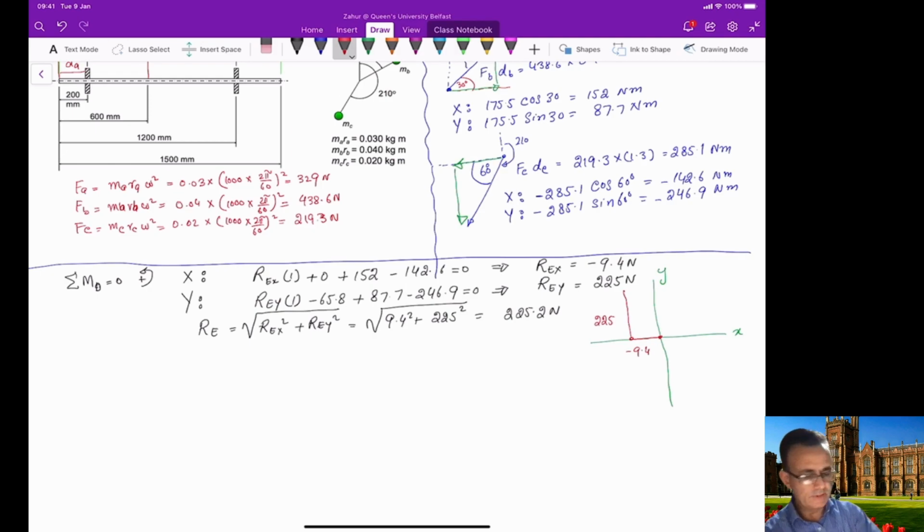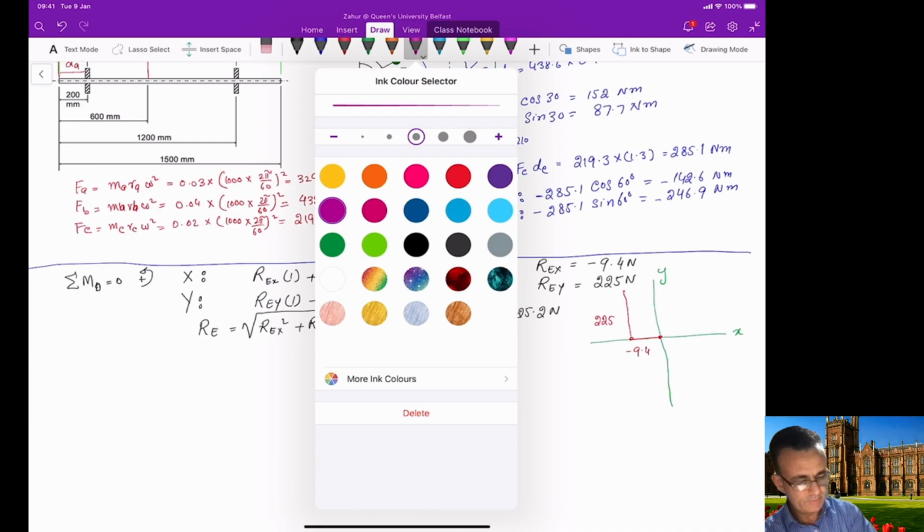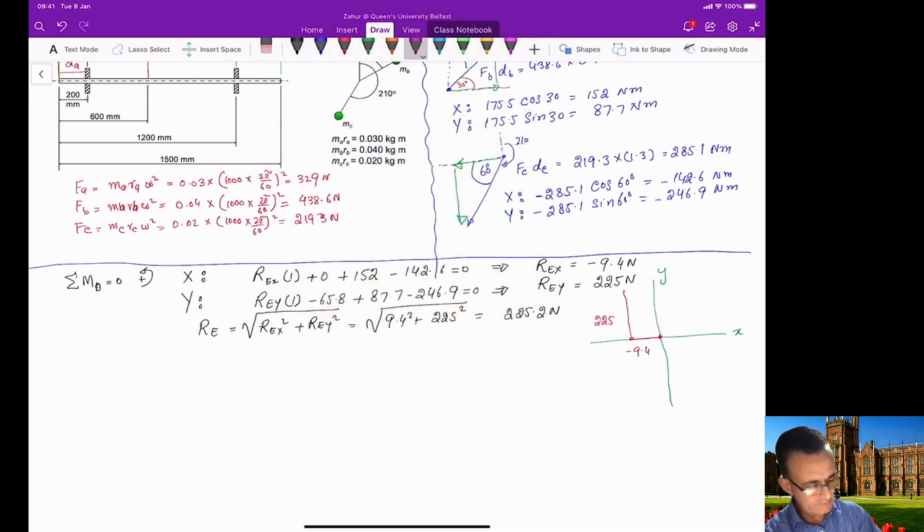So the final vector is in this direction here. This is our R E x, and this is our RE.